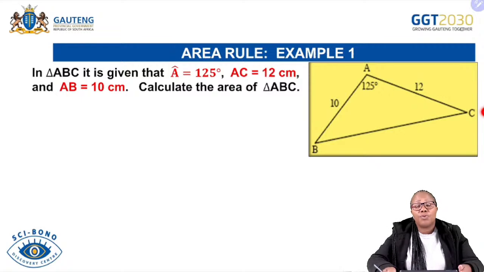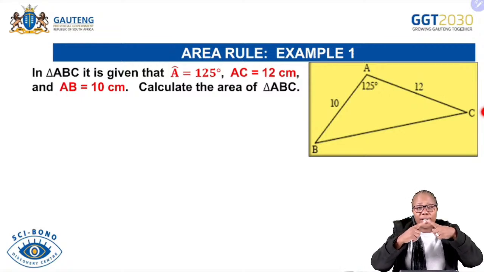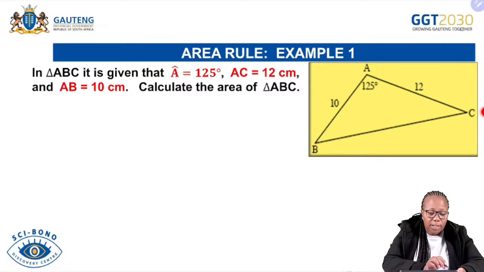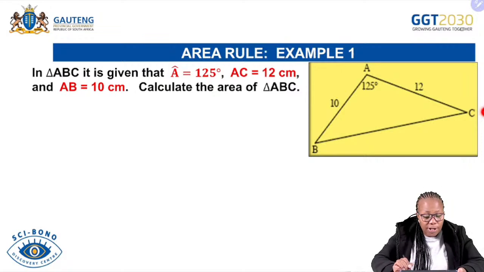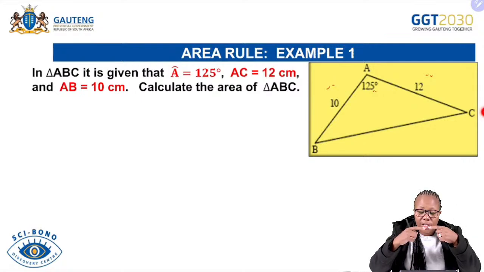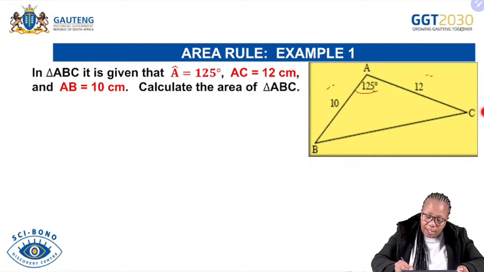Remember, with the area rule, you must be given two sides and the included angle. Let's see. In triangle ABC, yes, we have triangle ABC. A is 25, noted. AC is 12, yes, and then AB is 10. What is given to us now? Two sides, yes, and the included angle, yes, the angle between the two sides. Therefore, you can apply the area rule.